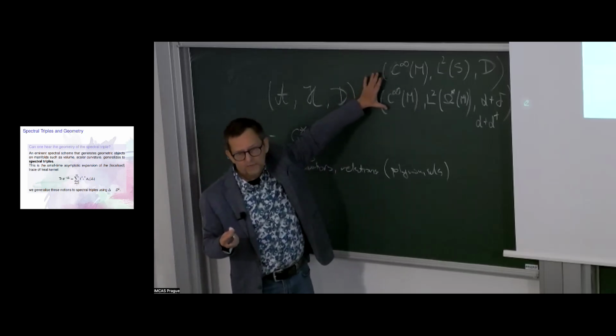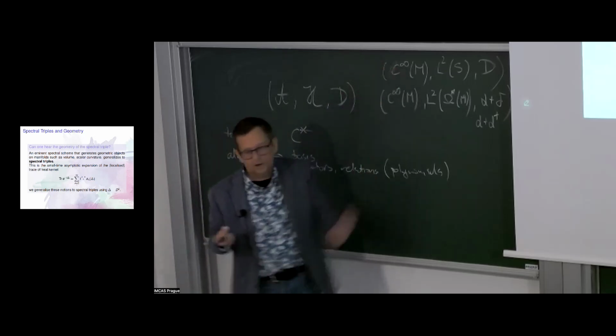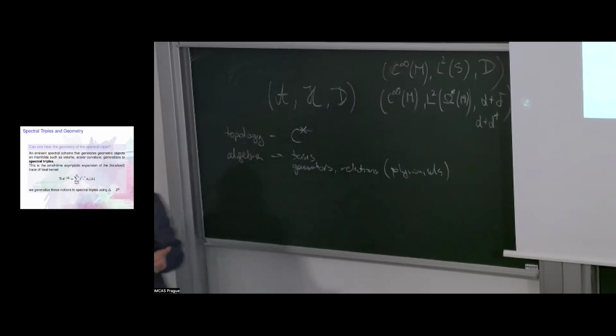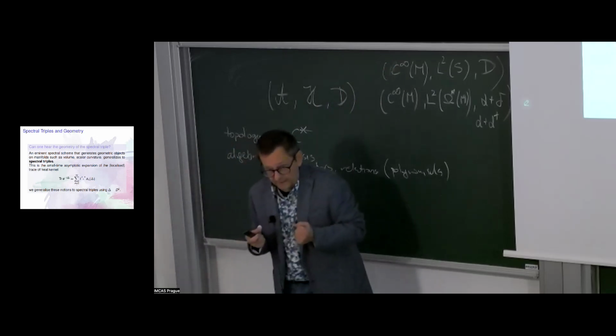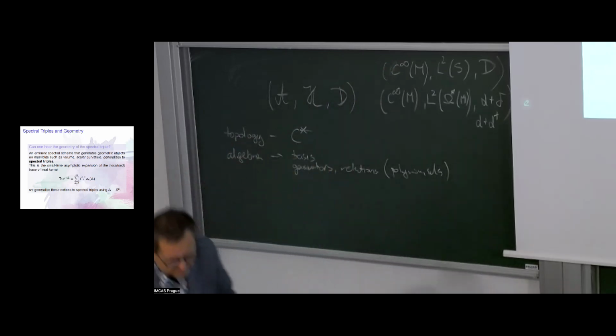So forget that we of course know the metric if we know the Dirac operator. But can we say something about the volume of the manifold or scalar curvature or some other object using just this data? And it appears, yes, we can. How? Well, using a technique that comes from the heat trace expansion.